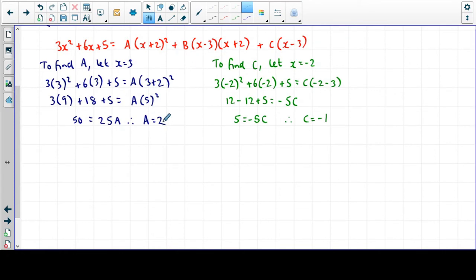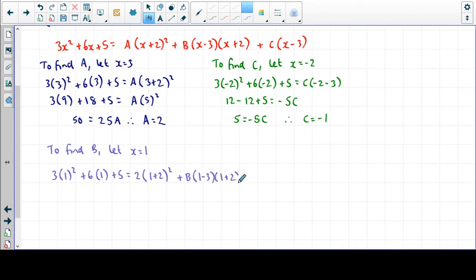So now I just need to pick a value of x to find b. I haven't used x equals 1 before, and that's a small number that's easy to work with. So I'm going to say that to find b, let x equals 1. So I'm going to have 3 times 1 squared plus 6 times 1 plus 5 is equal, and now a, we worked out that a was equal to 2, so that's going to be 2 times 1 plus 2 squared plus b, we still don't know what b is, so 1 take away 3, 1 plus 2, and then plus c, well c was negative 1, so minus 1, 1 take away 3.